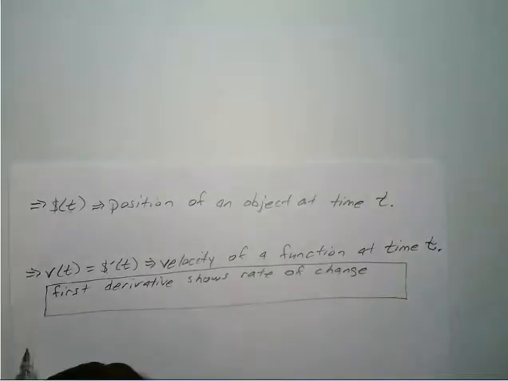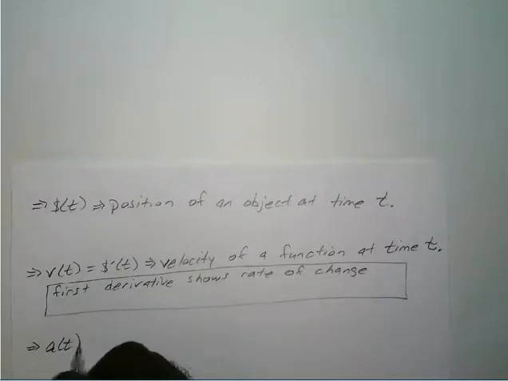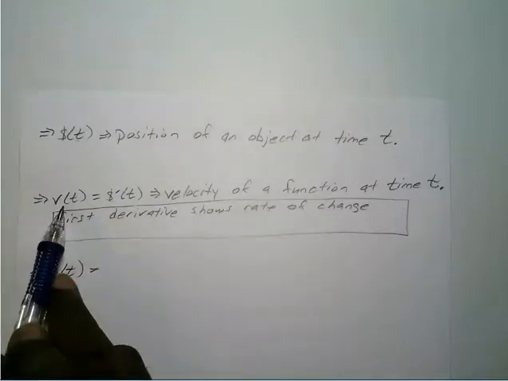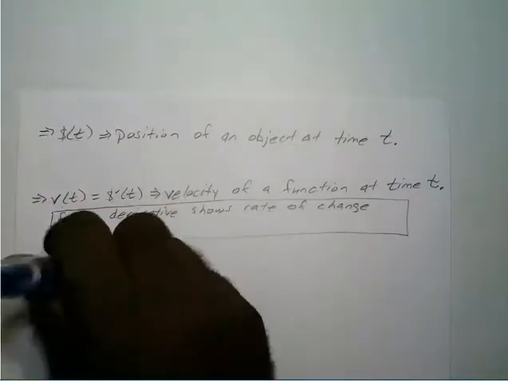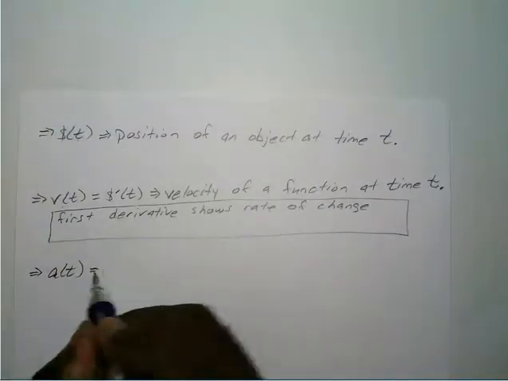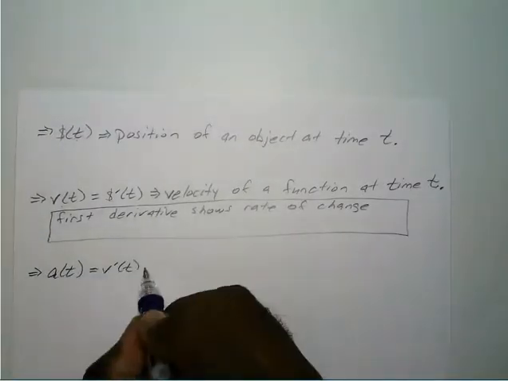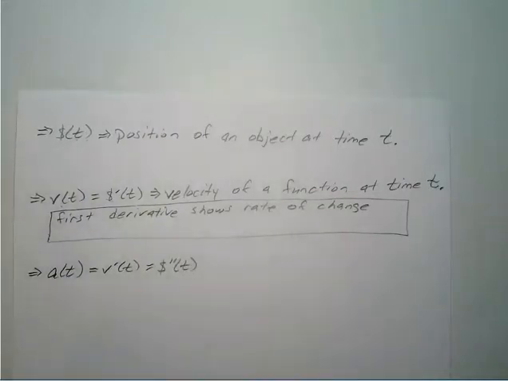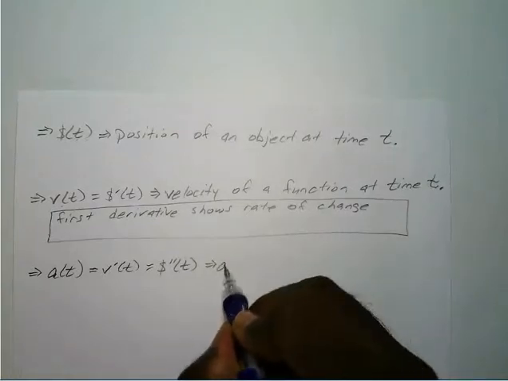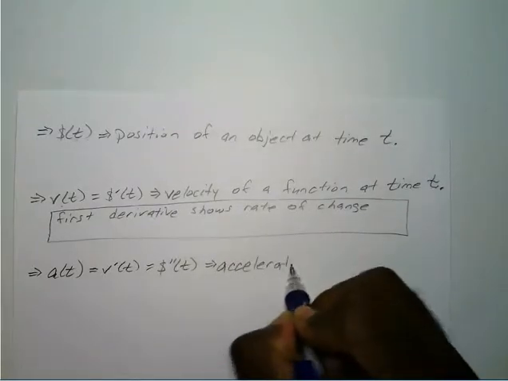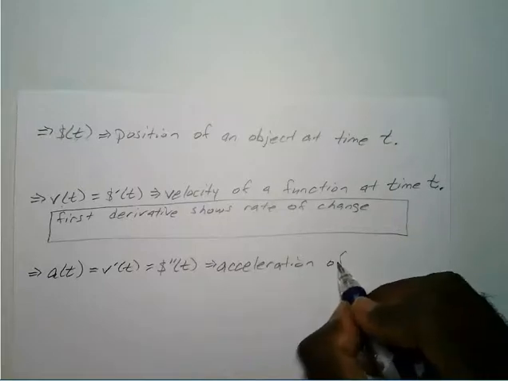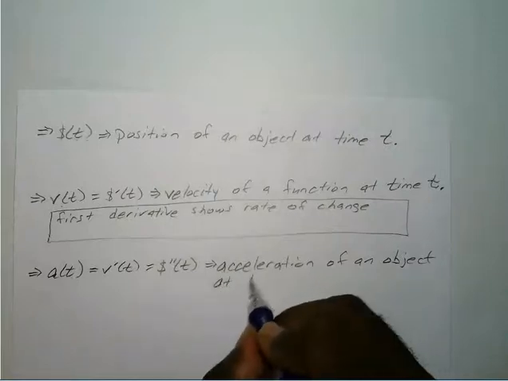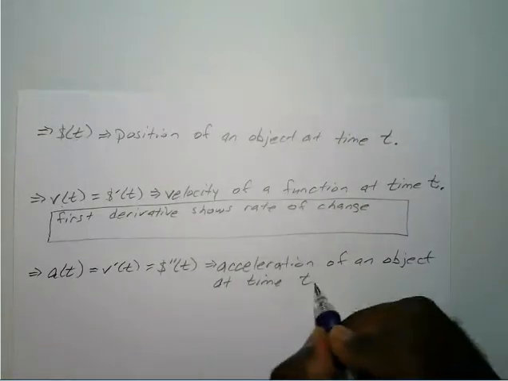Okay, so now what about our acceleration function? Remember, that's just the derivative of the velocity function, or the second derivative of our position function. So that's the acceleration of an object at time t.